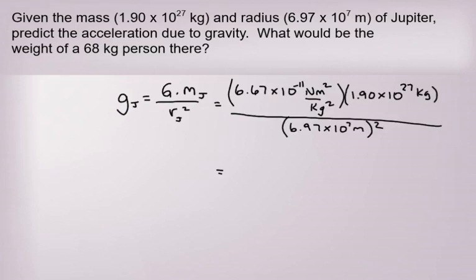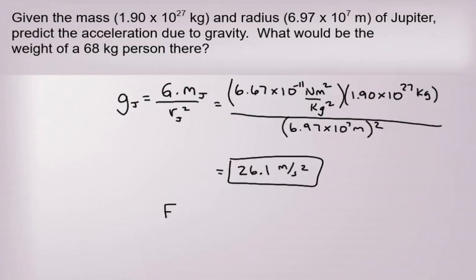Plugging in these values for the acceleration due to gravity on the surface of Jupiter gives me 26.1 meters per second squared. And so the second follow-up question asks, what would be the weight of a 68 kilogram person who's placed on the surface of Jupiter?